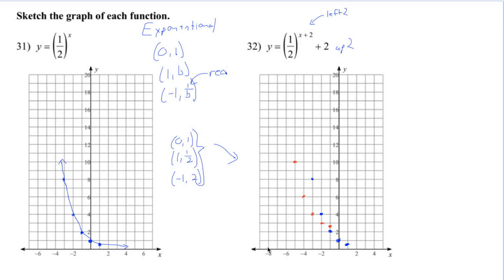Also, we usually had an asymptote here on the x-axis. It's going to move up 2 and left 2. Well, the left 2 doesn't really mean anything for us, but it is going to move up 2. So the asymptote I'm going to put as a dotted line here. It moves there, and then we can draw the graph of this function.